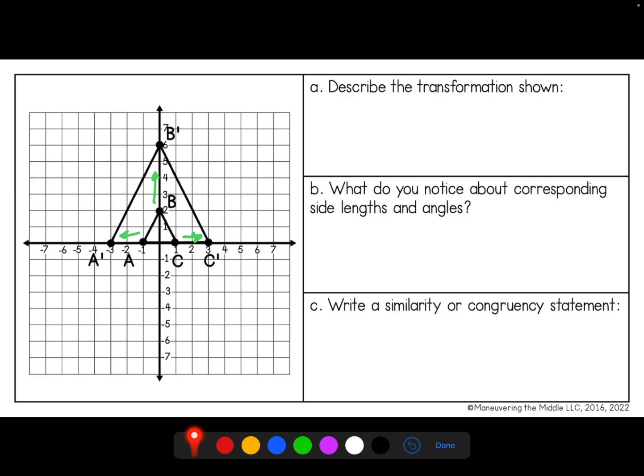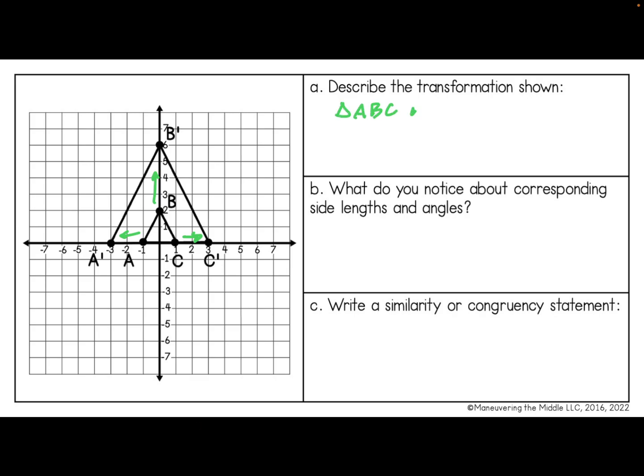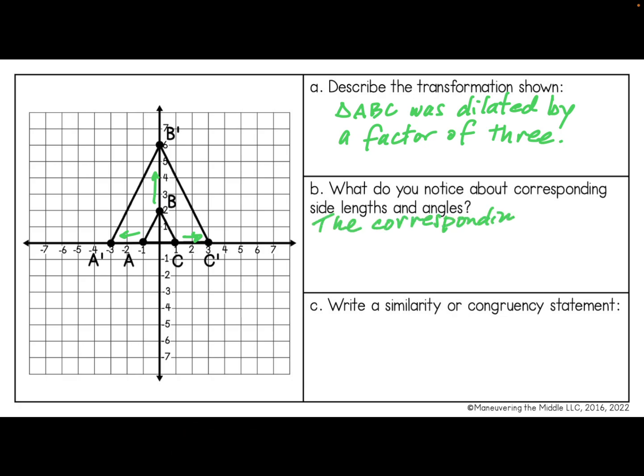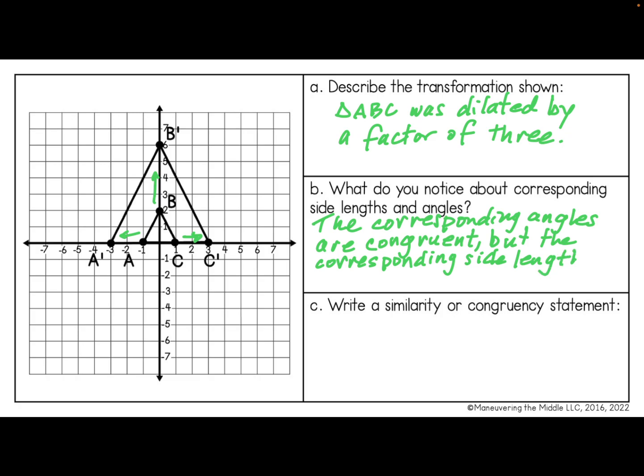Let's do that a different way. 6 divided by 2 is 3. So triangle ABC was dilated by a scale factor of 3. Now, corresponding lengths and angles. Well, the corresponding angles are still congruent. They're still the same size, but the corresponding sides are proportional.